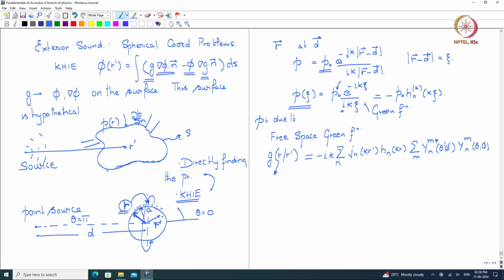So this location has r dash theta dash phi dash coordinates, and this location on the sphere has r theta phi coordinates.